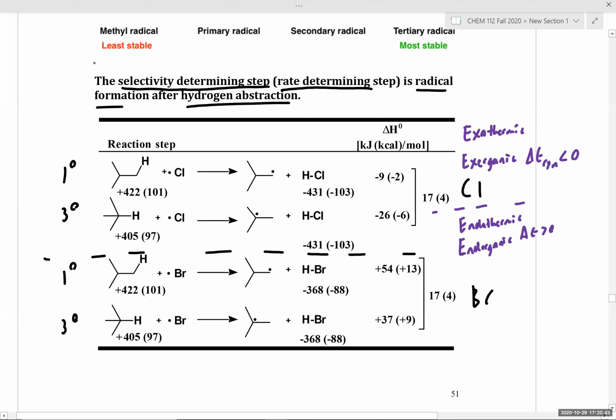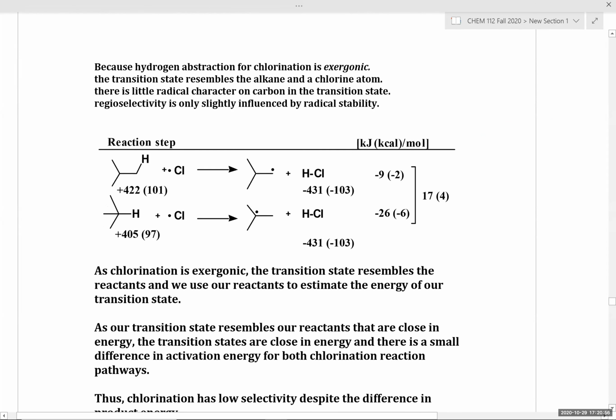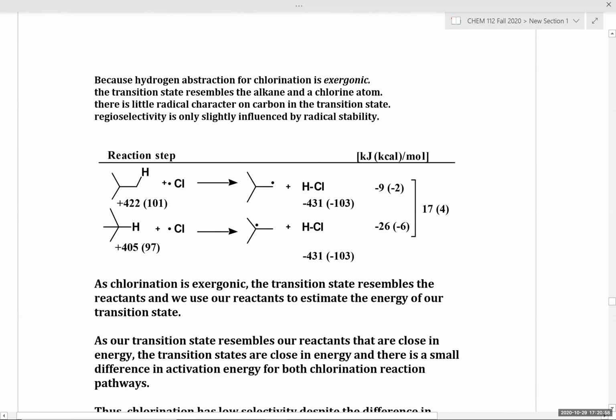Because remember, exergonic reactions resemble the reactants. Endergonic reactions resemble our products. So, because the hydrogen abstraction step for chlorination is exergonic, the transition state resembles the alkane and chlorine atom.